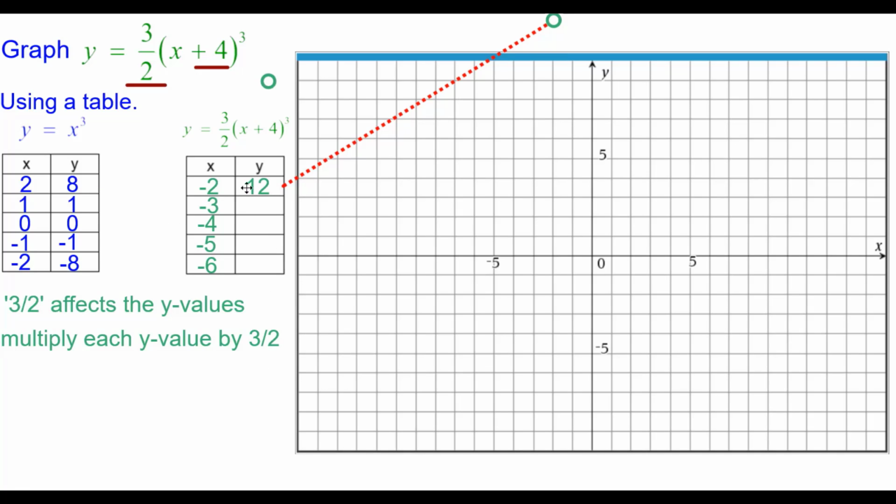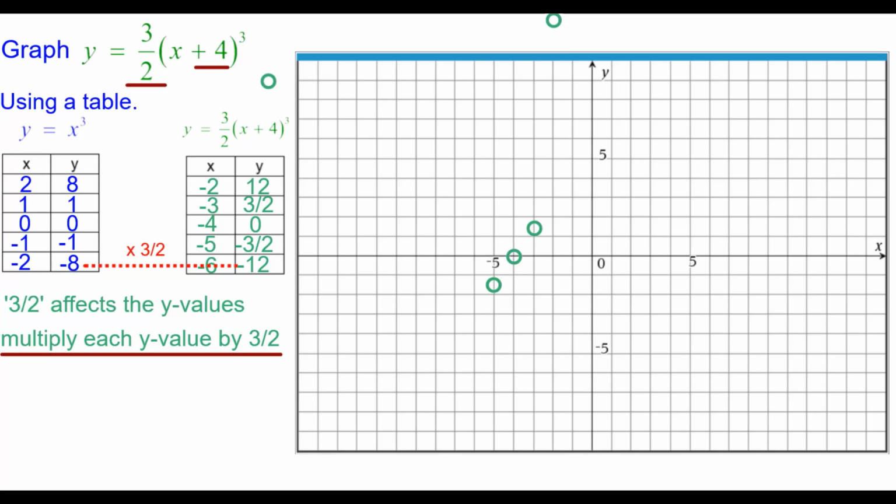Again, we ask you to finish the table, plot the points, and finish the curve. Press pause to do so. Resume when you're ready. One times 3/2 is 3/2, so -3 up 1.5. 0 times 3/2 is still 0, so -4, 0 is our x-intercept. -1 times 3/2 is -3/2, so -5 down 1.5.